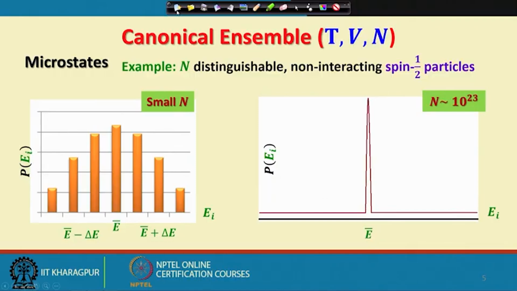So, now that we have understood what is going to happen to the system when it is capable of taking up energy and releasing energy to the thermal reservoir, we understand that at thermal equilibrium the system will evolve towards the average energy state, which is associated with a maximum number of microscopic states, but there will be other microscopic states associated with accessible values of energy, like say E plus delta E or E minus delta E. So, what is the conclusion from this discussion?